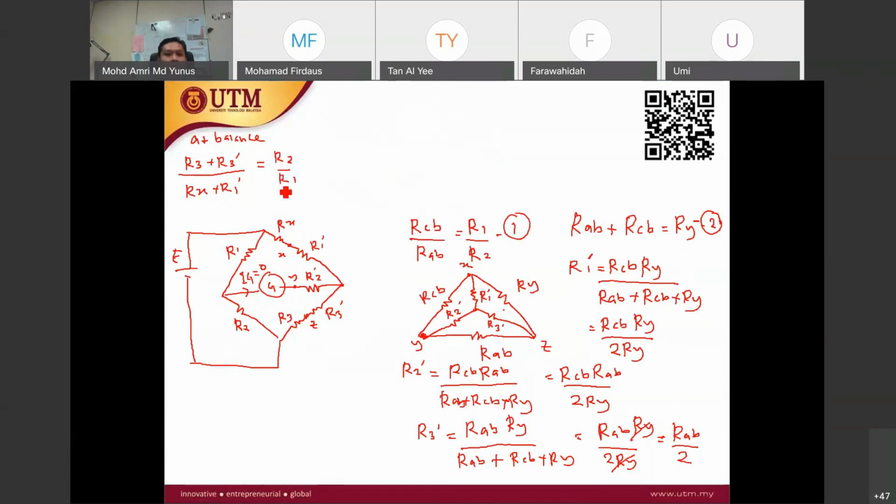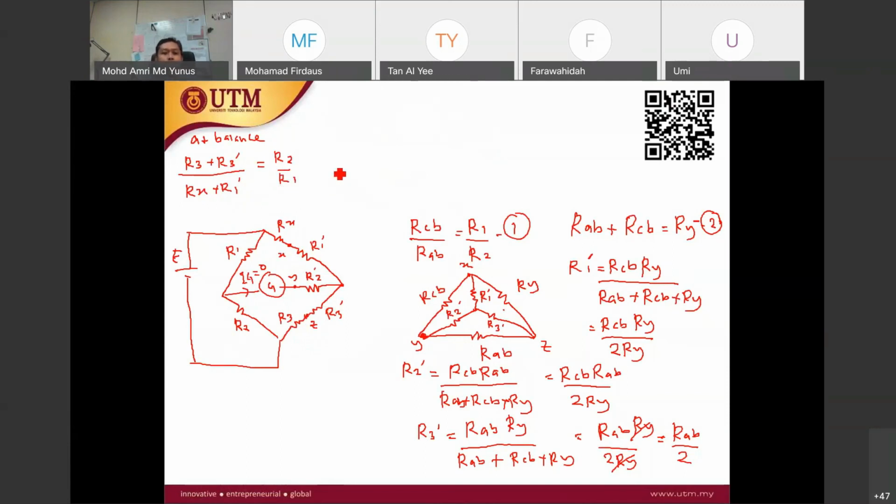So at balance, R3 plus R3 prime divided by Rx plus R1 prime will be equivalent to R2 over R1.